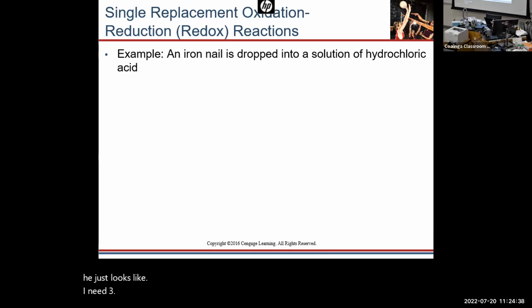Now I have 3 hydrogens over here, 2 hydrogens over here, so I need 6 HCl.